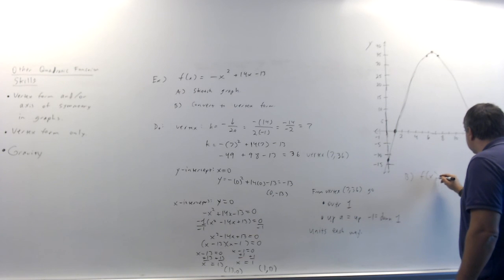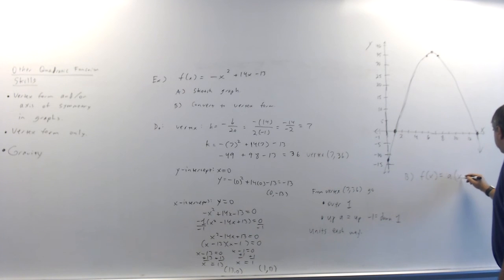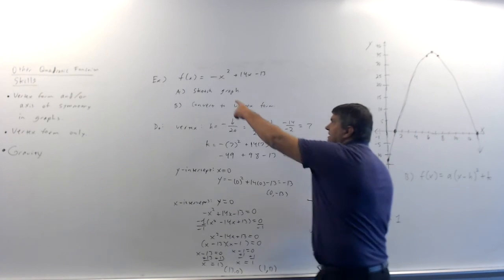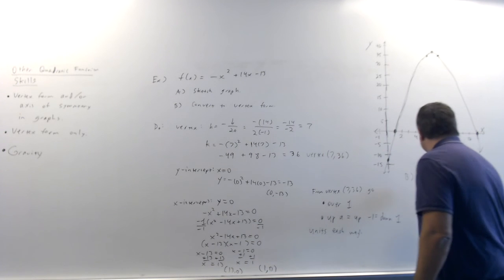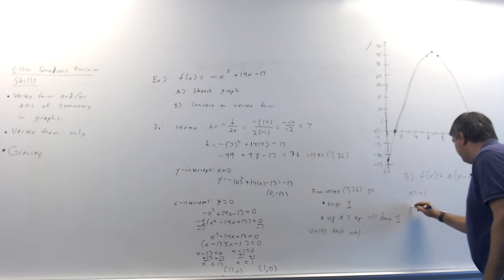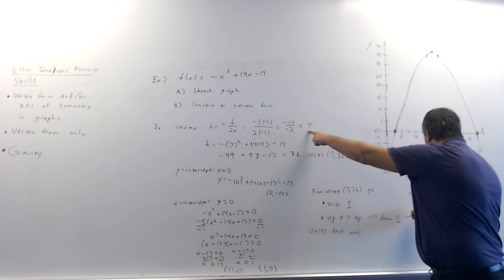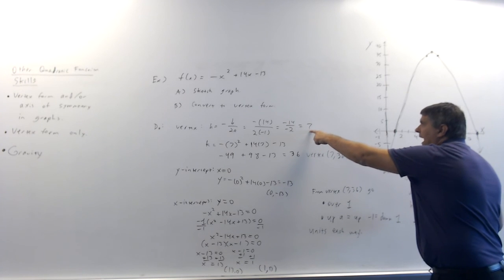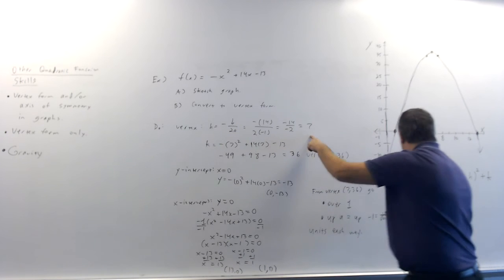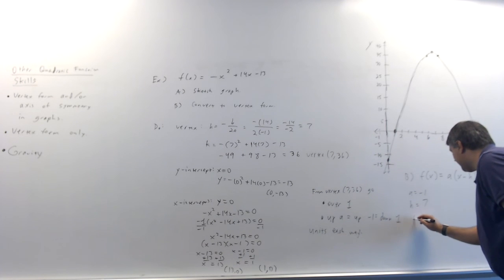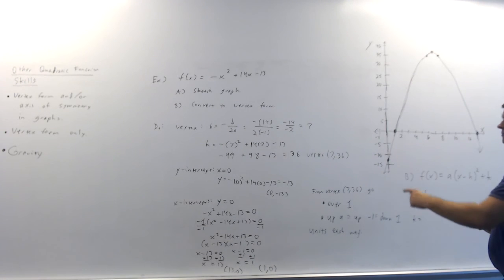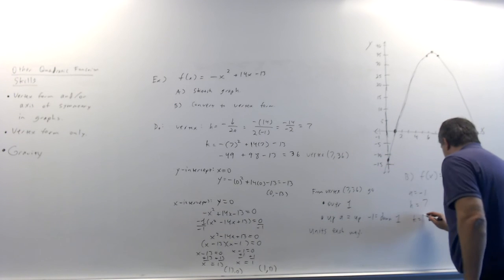F of x equals a times x minus h squared plus k. Well, we have a is negative 1. Sorry, h is 7, and k is 36.